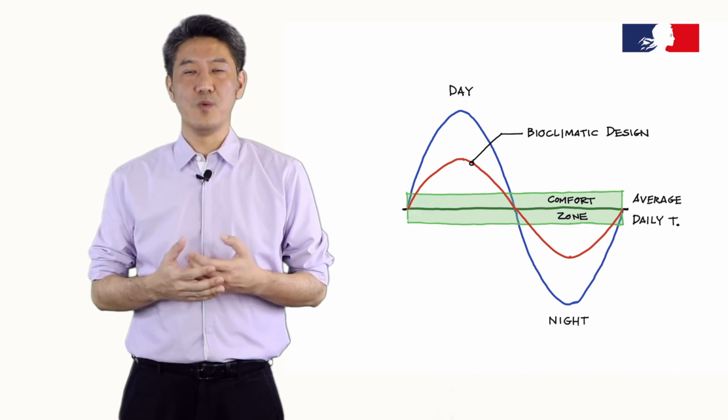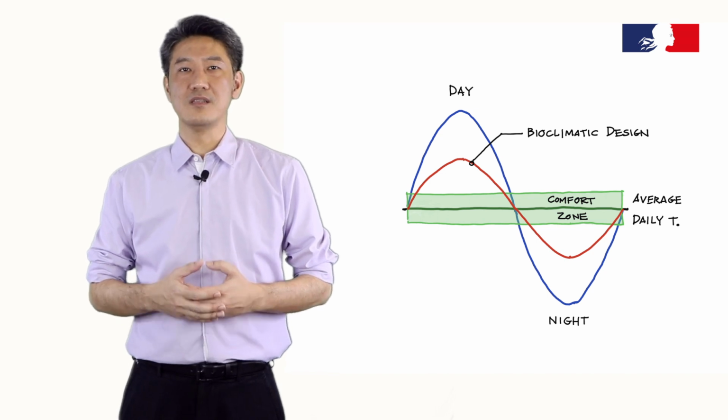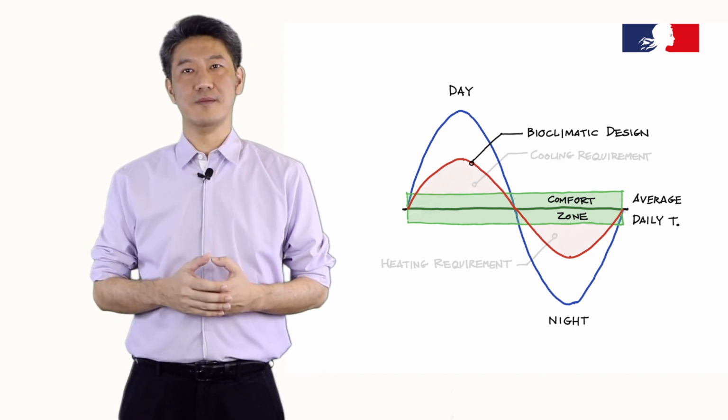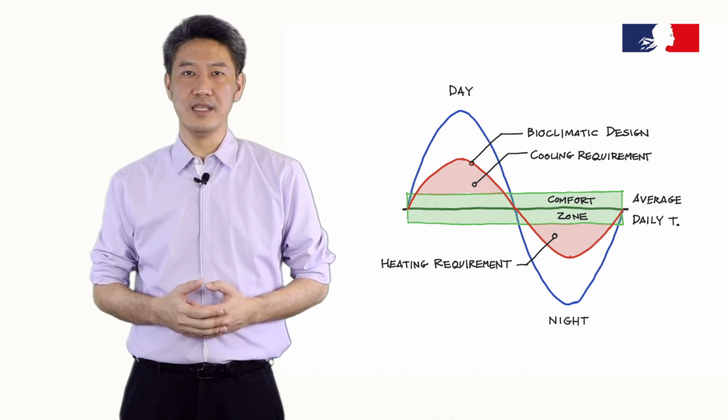The idea was well adopted during the oil crisis of the 70s because this flattening the curve concept reduced the energy required for both cooling and heating. It has been well accepted until today because reduced energy consumption results in less impact on the climate.